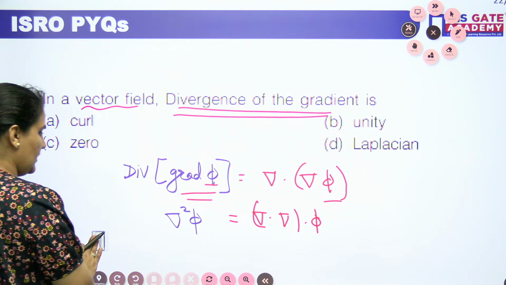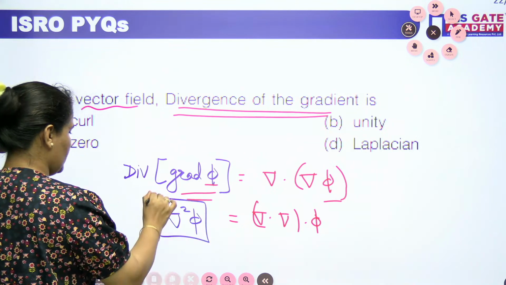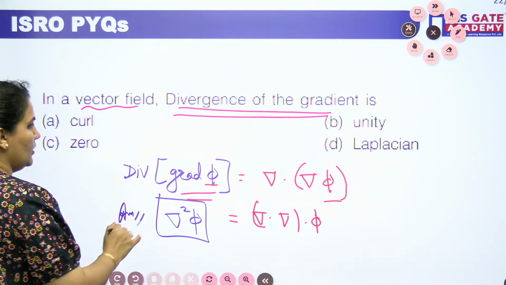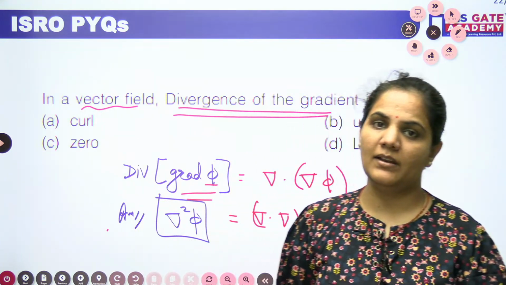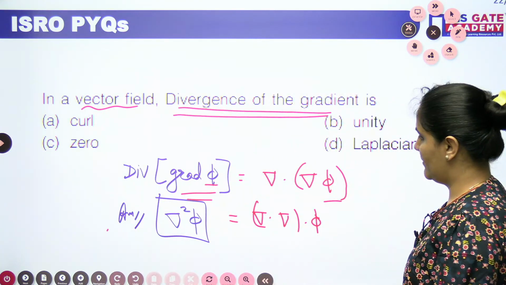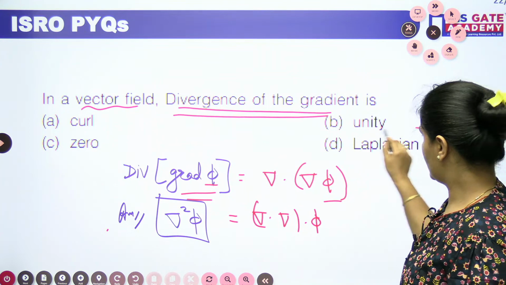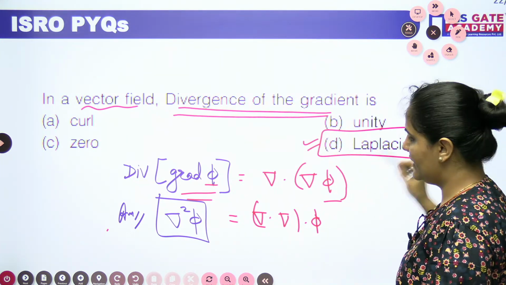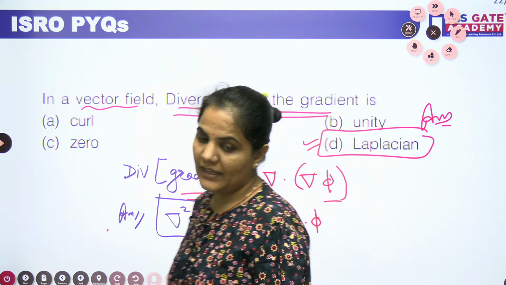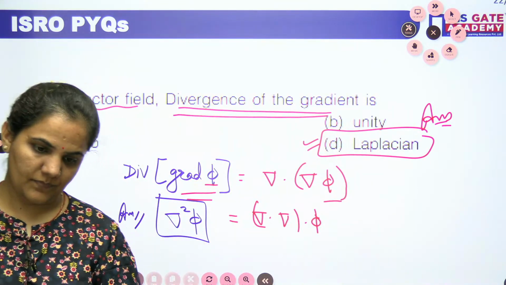Del square is the Laplacian operator. If you open it, it will be del 2 phi by del x2 plus del 2 phi by del y2 plus del 2 phi by del z2. So this is nothing but the Laplacian operator, which we can easily understand. Del square is Laplacian.